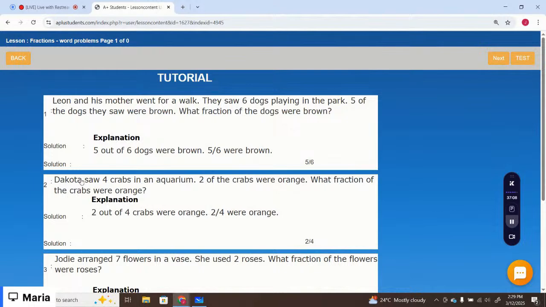Leon and his mother went for a walk. They saw 6 dogs playing in the park. 5 of the dogs they saw are brown. What fraction of the dogs are brown?